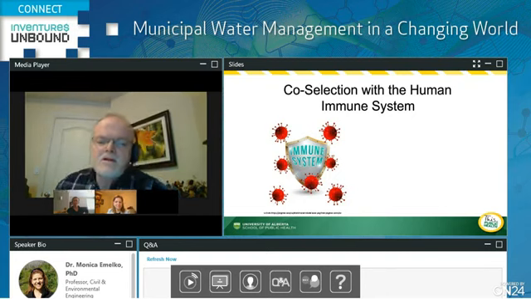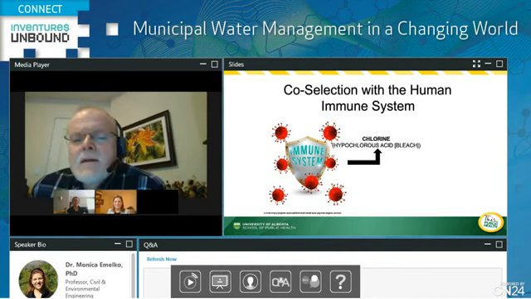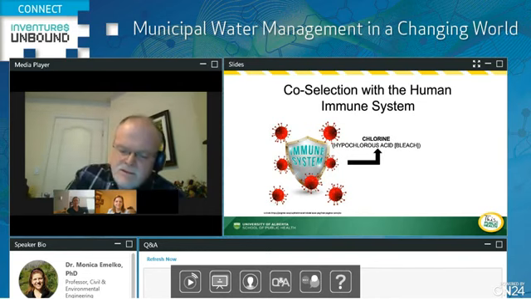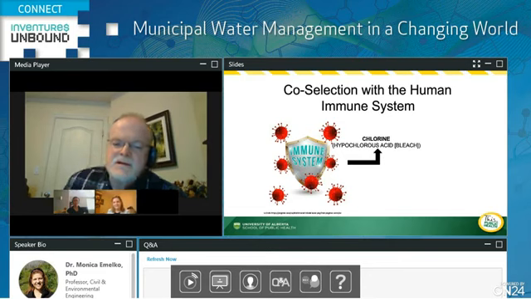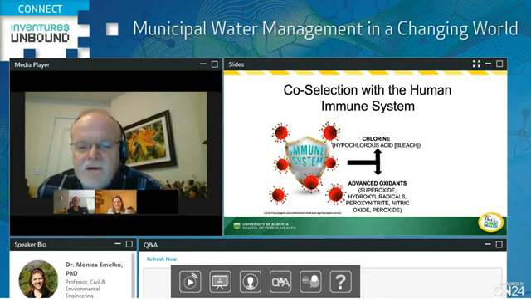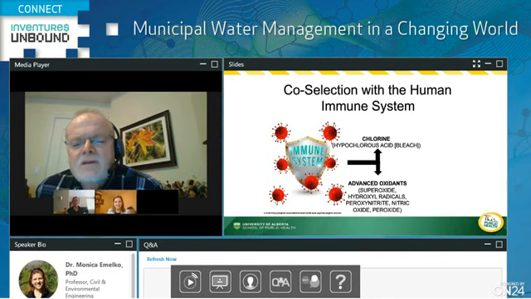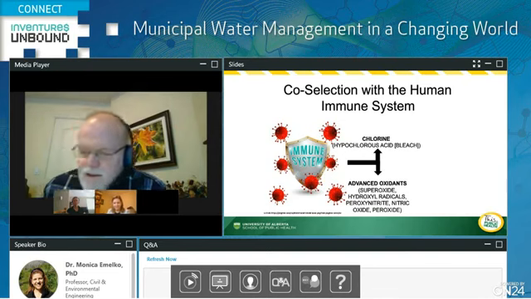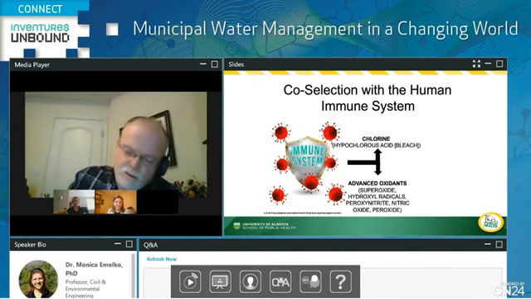One of them is chlorine. It produces hypochlorous acid, or bleach, at the site. The reason that pimple or sore is green is because your white blood cells are producing chlorine, or hypochlorous acid. The other things your immune system produces are very potent advanced oxidants such as superoxide and hydroxyl radicals, peroxynitrite, nitric oxide, and peroxide, as toxic molecules to destroy bacteria, viruses, or worms.